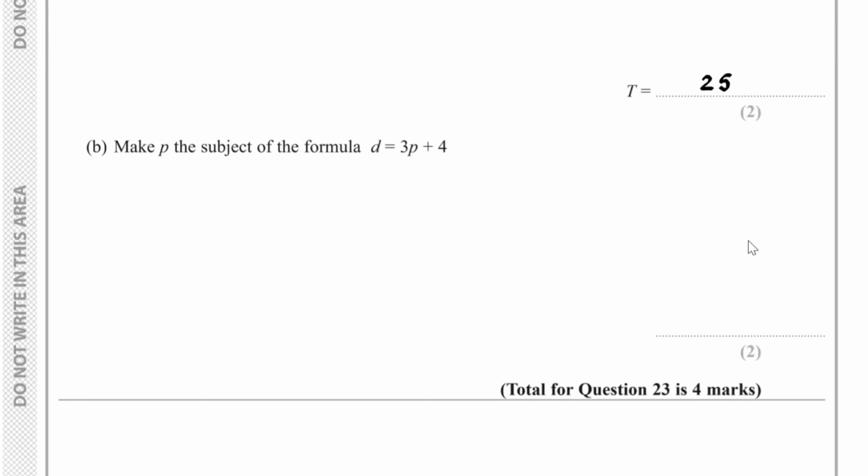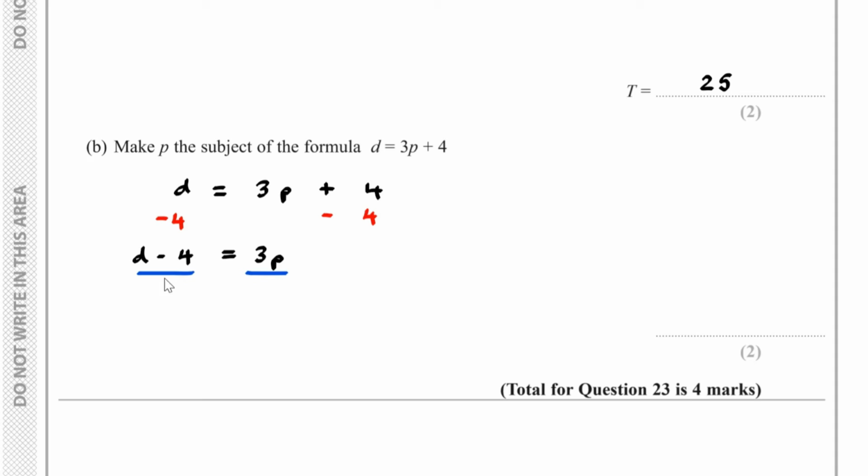Then for part B, we have to make p the subject of the formula d equals 3p plus 4. Well, if I have d equals 3p plus 4, we want to get p by itself. So if I subtract 4 from both sides, that means I've got 3p equals d subtract 4.